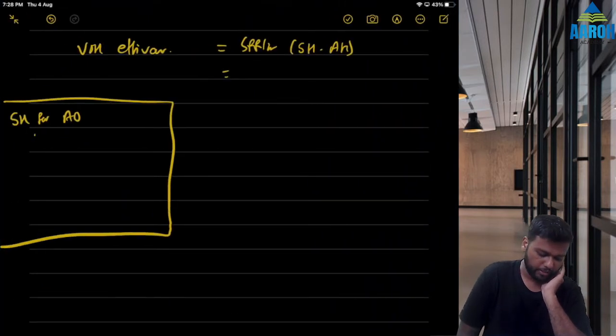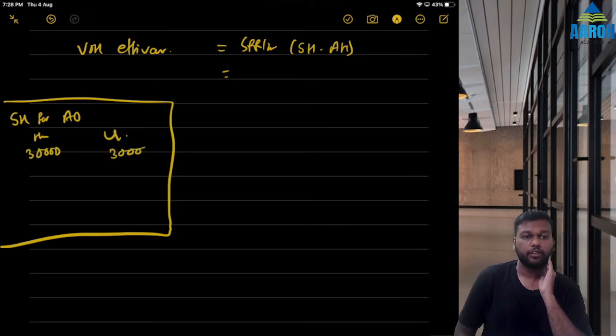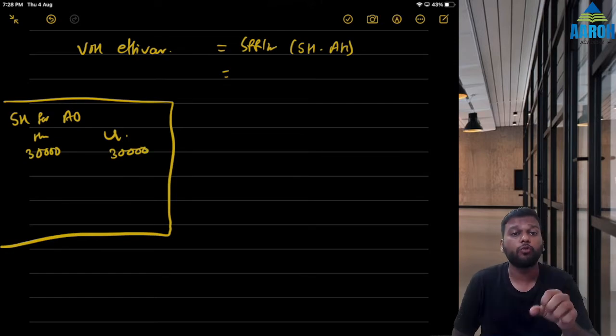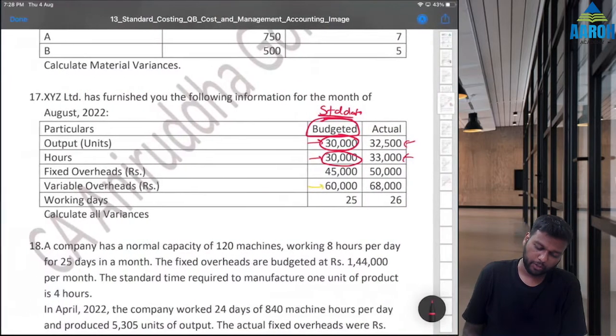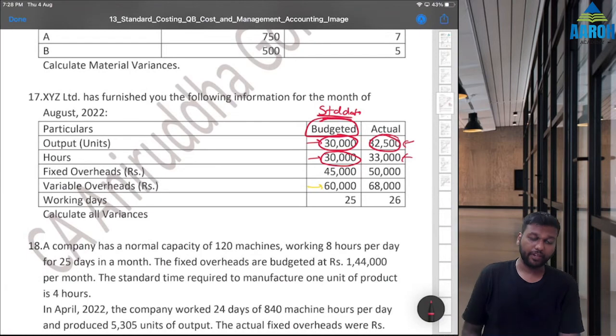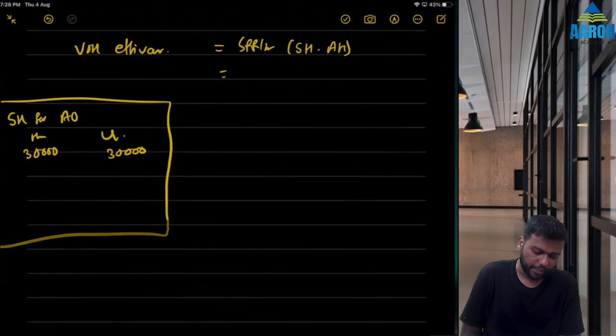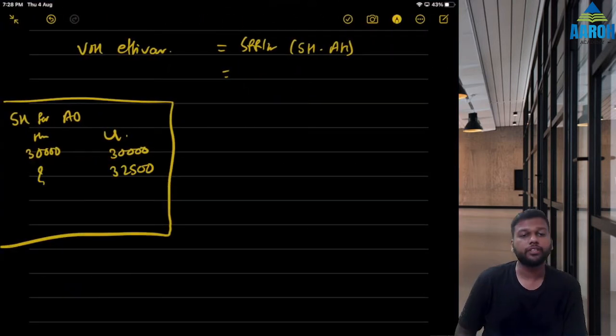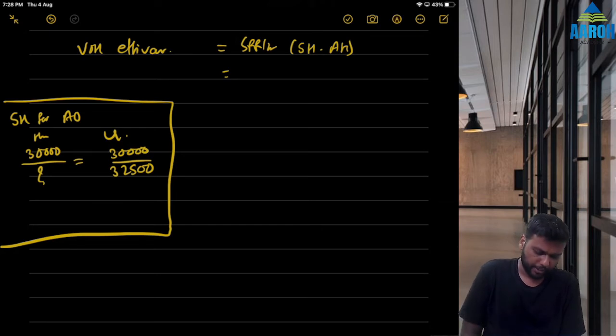So 30,000 hours, 30,000 units. Now we want standard hours for actual output. Actual output is 32,500. So we just have to cross multiply and calculate for 32,500 how much. It is a simple ratio, and the question mark is going to be 32,500 hours, right?